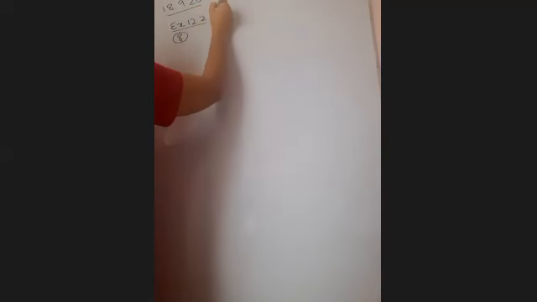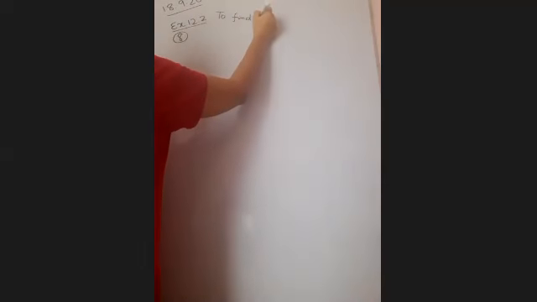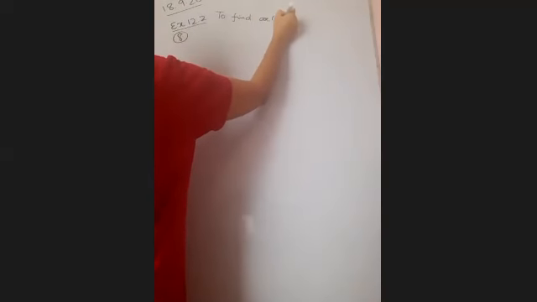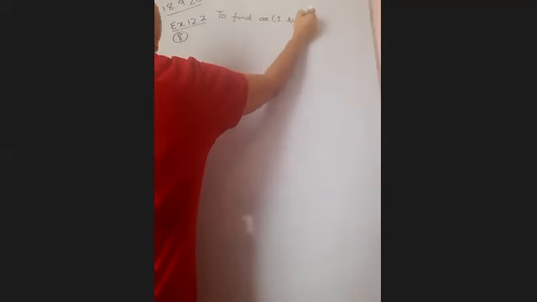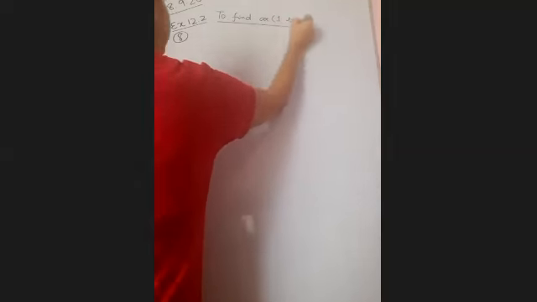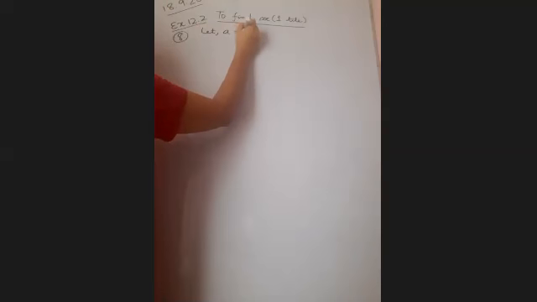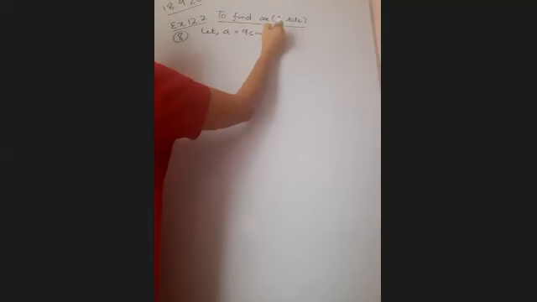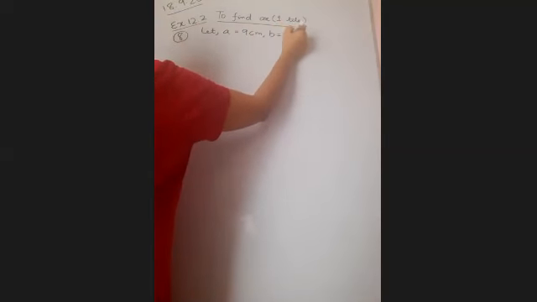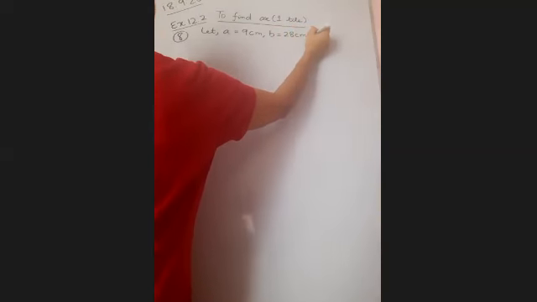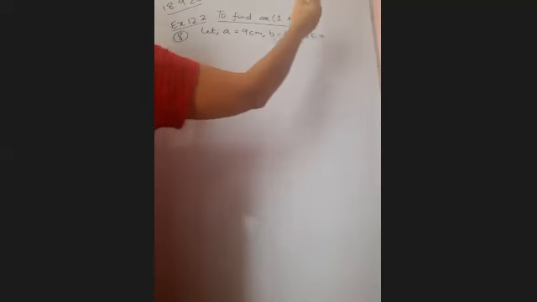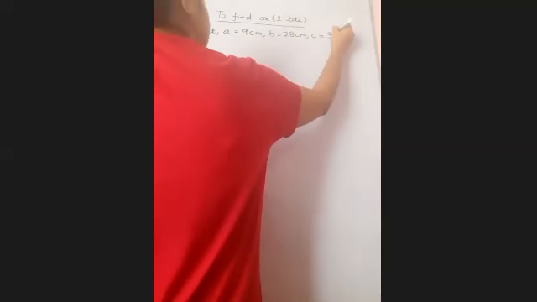So step 1 is to find the area of one tile. Let a equal 9 centimeter, b equal 28 centimeter, c equal 35 centimeter.